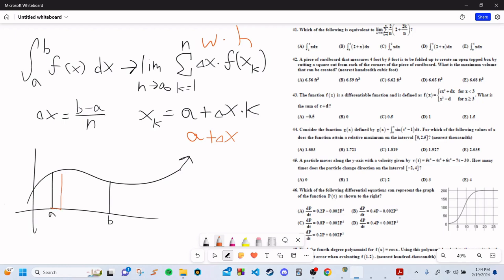Let's pretend this is the rectangle. It's definitely smaller, but just for an example. So it's like a plus a little step forward of delta x. And so this is our x of k. And when we do f of x of k, we get the height. So like that.